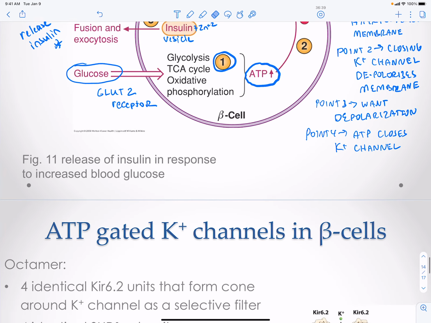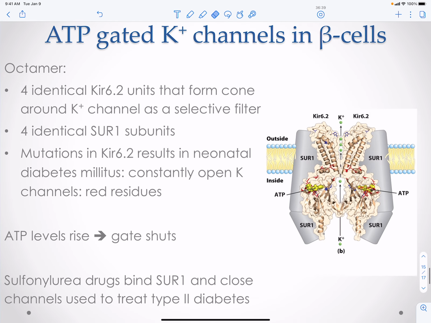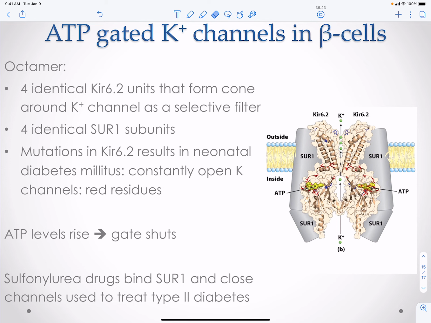Okay, so let's just look a little bit at that potassium channel because that's very important. Many drugs to treat type 2 diabetics, for example, will target this potassium channel. So the potassium channel is referred to as an octamer. It has 8 parts. And it's going to have 4 what are called identical Kir6.2 units, and that's going to form the core around the potassium channel.